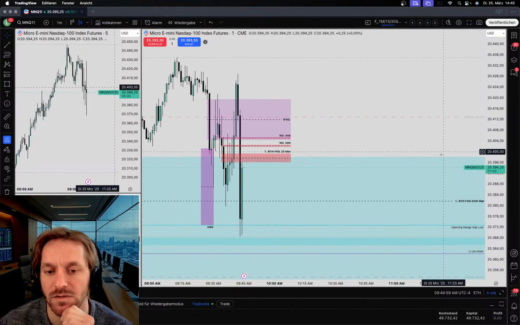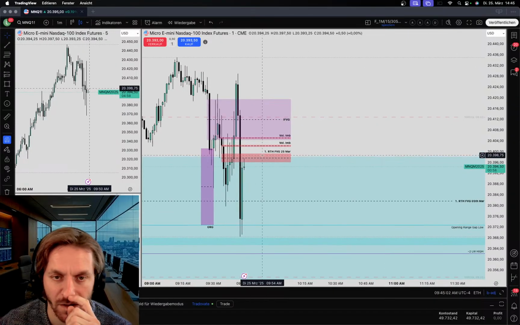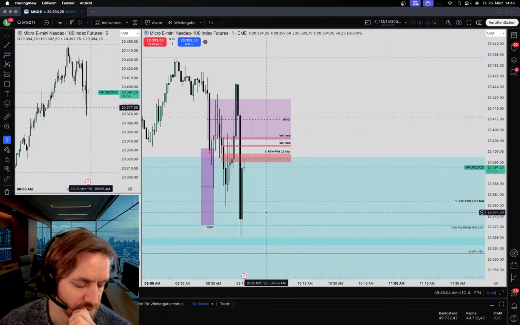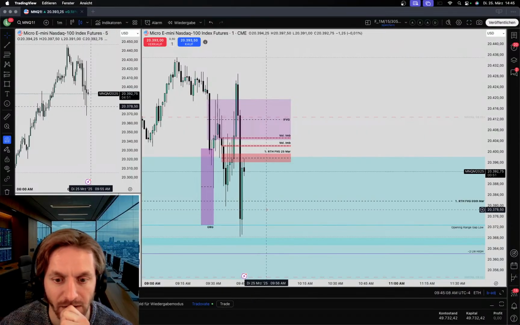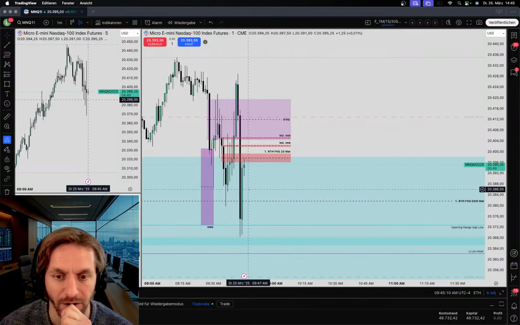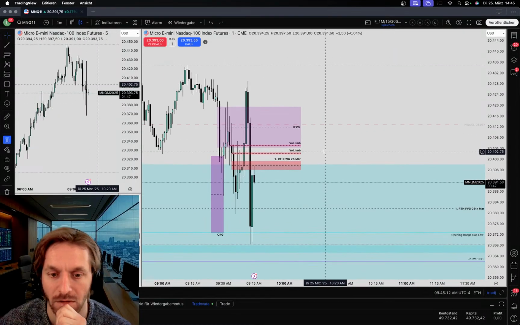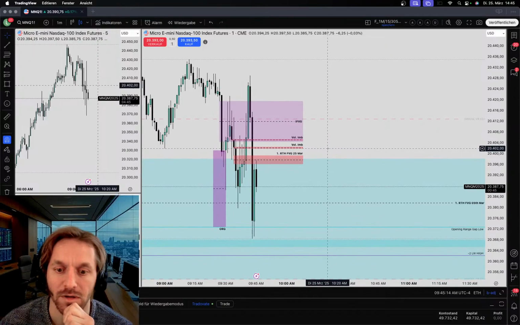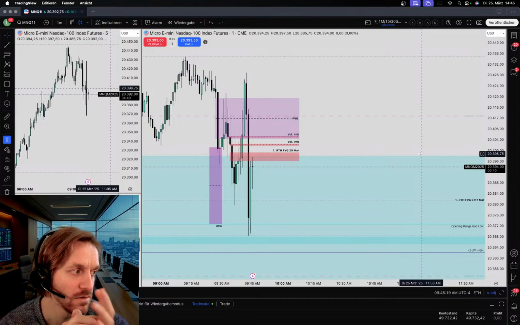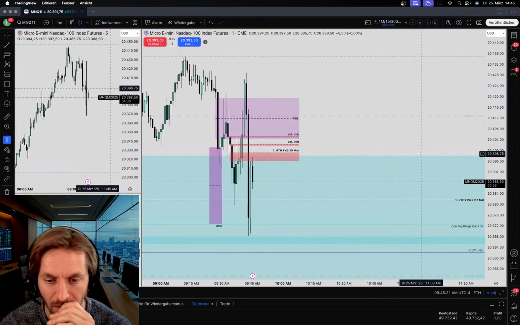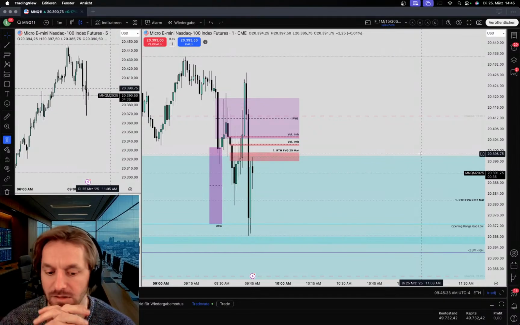I would like to see price going through this and then higher, instead of going higher right now. So it could do so, but I would not want to see that. But anyway, until 10, I do not take any trades. So I just tape read.